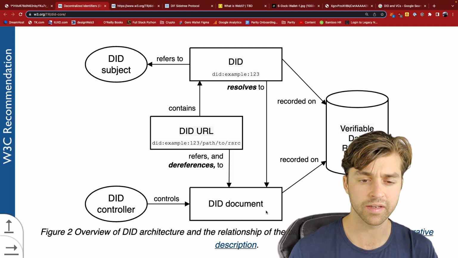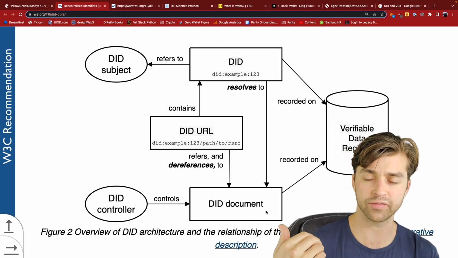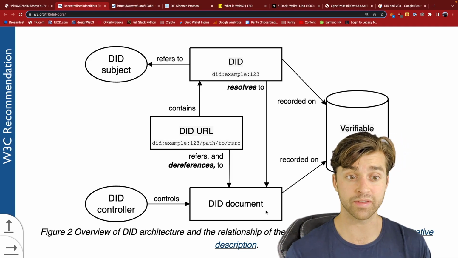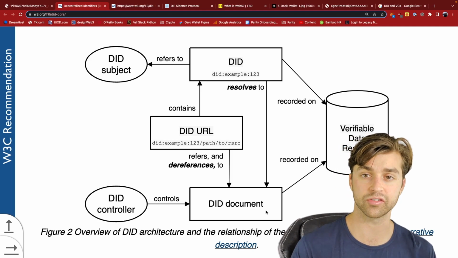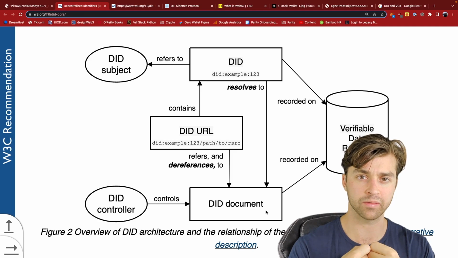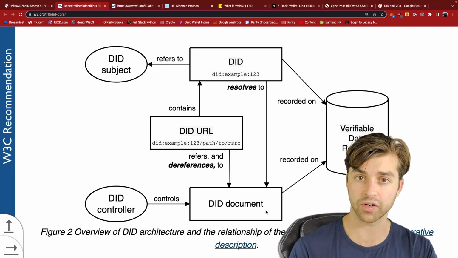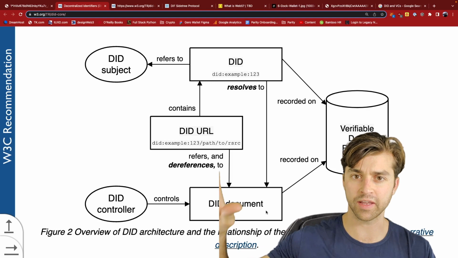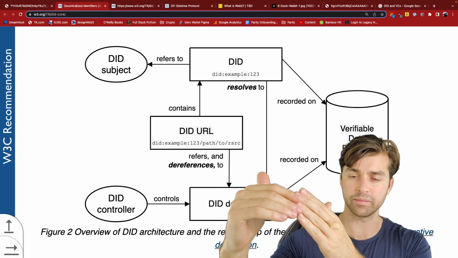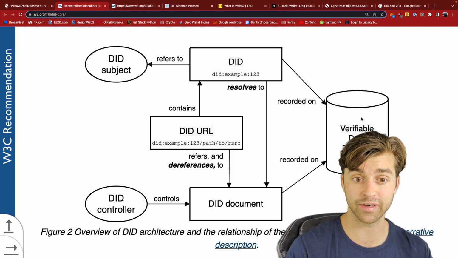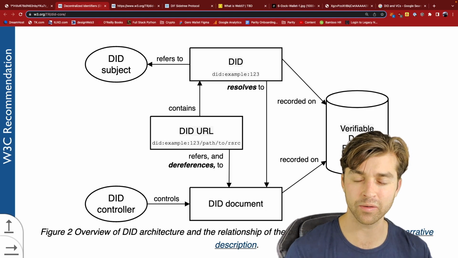The document contains the public key and verification method needed to verify that a person or entity actually controls that DID. So there's a private and public key pair in the background, very similar to how crypto wallets currently work. And if I sign a message with my private key, any third-party verifier can look at that signature and then compare it to my public key, which is publicly available, made available through this verifiable data registry, I'll have you know.